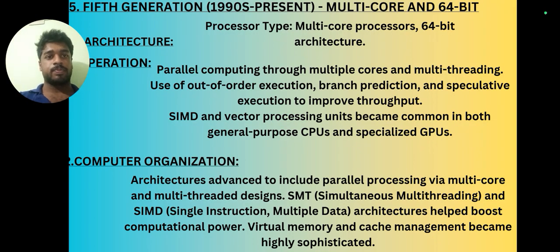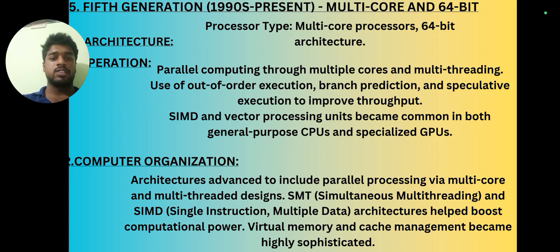Fifth generation. It has multi-core processors and 64-bit architecture. The operations consist of parallel computing through multiple cores and multi-threading, and use of out of order execution, branch prediction, and speculative execution to improve throughput. SIMD and vector processing units became common in both general purpose CPUs and specialized GPUs.